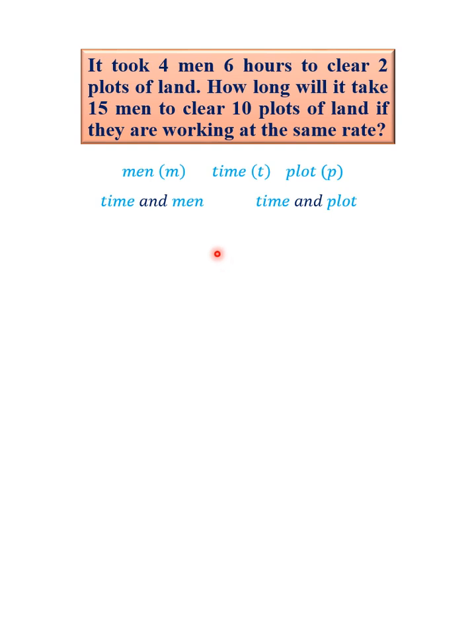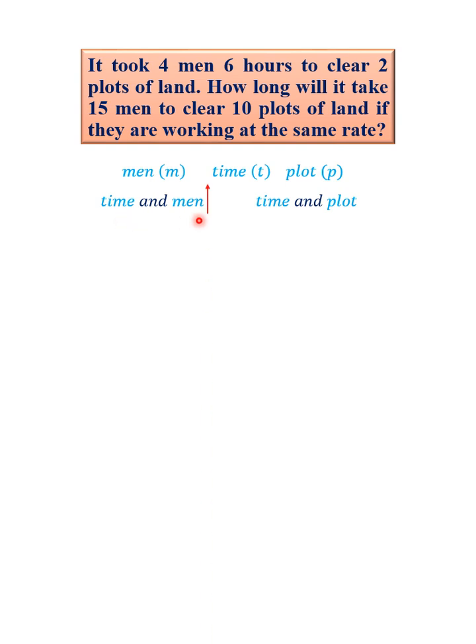So in this case, I'm comparing time and men, time and plot. Now let's look at the relationship between time and men as it applies to clearing of land. If the number of men deployed to clear the piece of land is increasing, what do you think will happen to the time taken? Of course, the time taken will decrease.